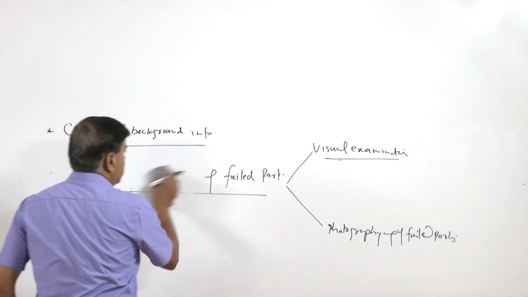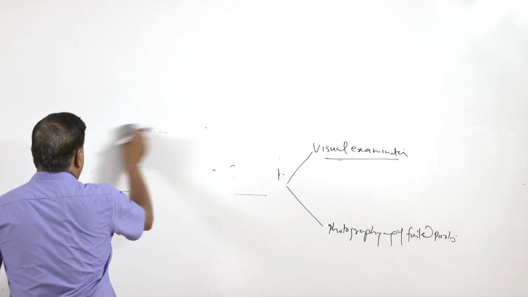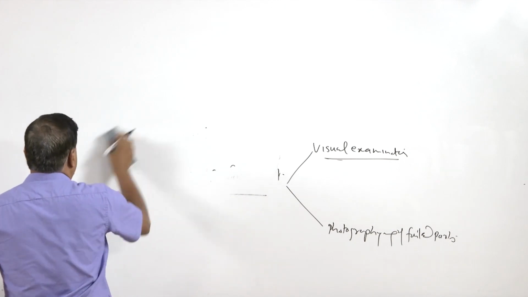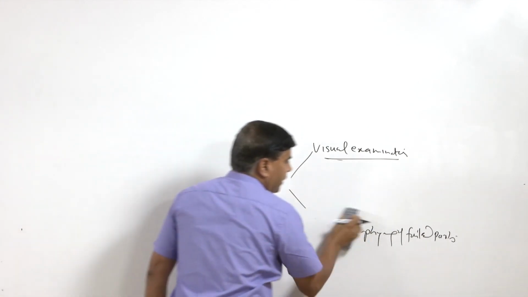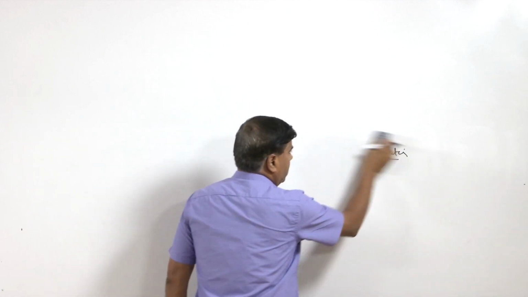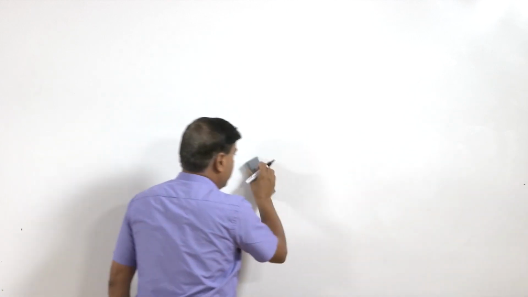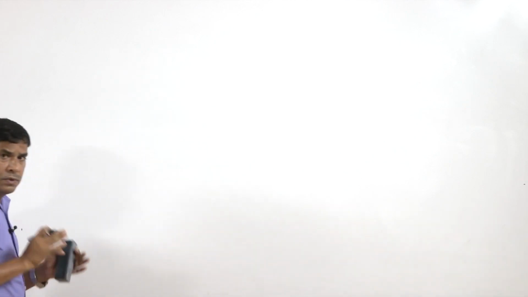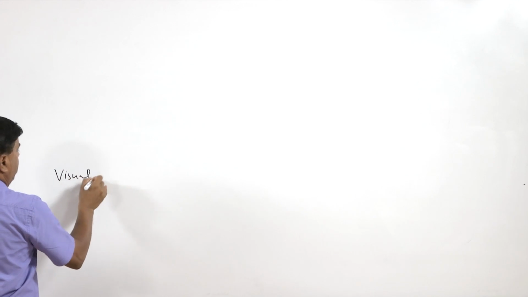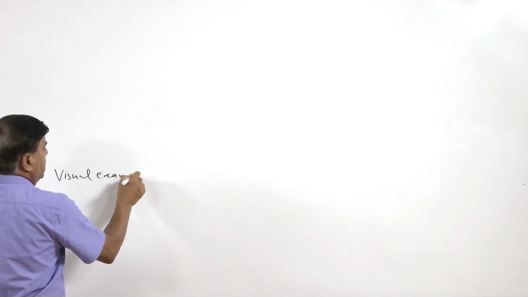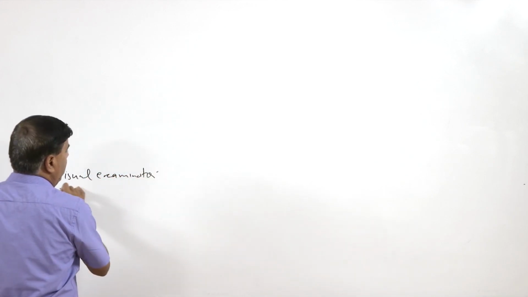So, what are the things which need to be taken up under the visual examination and how is it conducted? Basically two types of tools are used for the visual examination of the failed part.